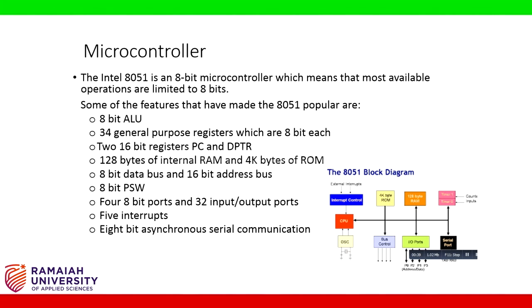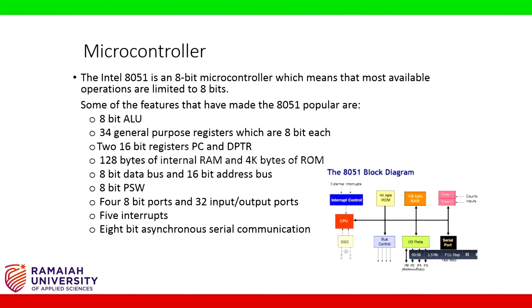Now let us discuss some of the major features of 8051. It has an 8-bit arithmetic and logical unit, ALU. It has 34 general purpose registers, GPR, which are 8-bit each. It has two 16-bit registers, program counter PC and data pointer DPTR.